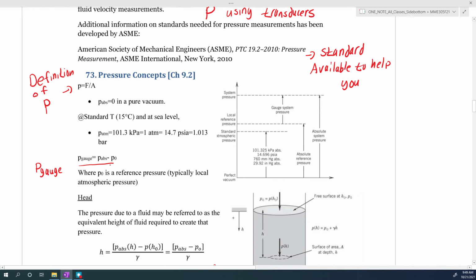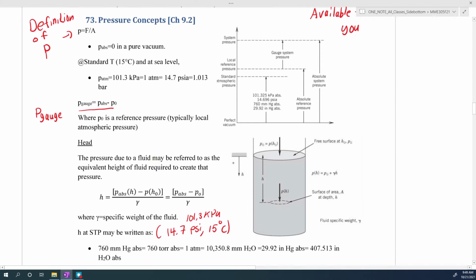And sometimes pressure is referred to in terms of head, which is just the height of a fluid needed to create that pressure, and you can define it as the change in pressure or the gauge pressure divided by the specific weight of the fluid.